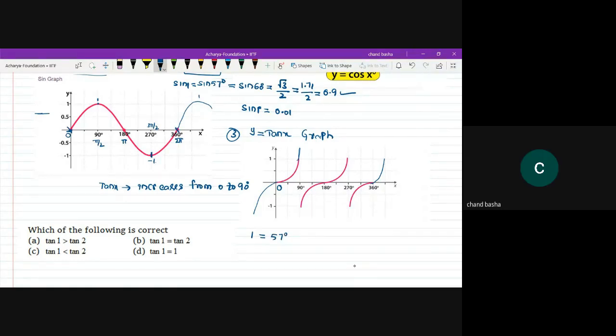Approximate value 57 degrees. You can take around 60 degrees. So tan 60, that is tan 1, and tan of 60 degrees is equal to root 3. What is root 3 value? 1.71. Clear? Now I can go for 2.